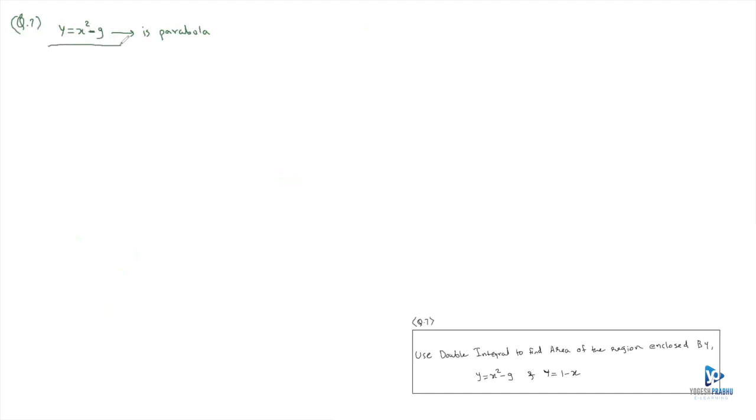So can we quickly figure out how this parabola is going to look like? Let's plug in different values of x and see what happens. What if x is 3? 3 squared is 9, and 9 minus 9 is 0. The y is 0. What if x is 0?